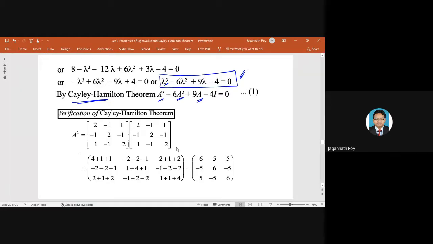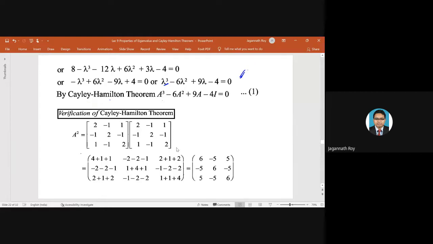We are supposed to get the right hand side as 0 matrix. So for that, what we have to find? A is given. I, we know it is a 3 by 3 identity matrix. We have to find A square, and then we have to find A cube. If we find all these things and then do the matrix algebra, addition and subtraction, then we are supposed to get a 0 matrix.